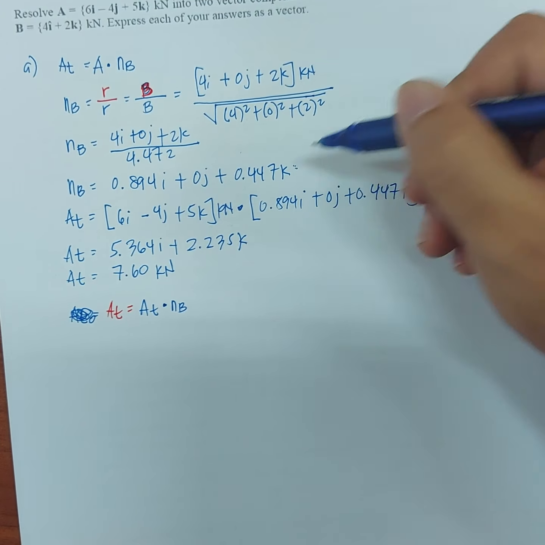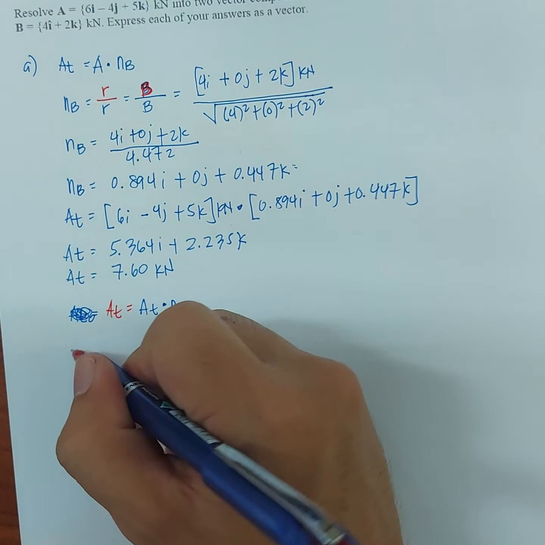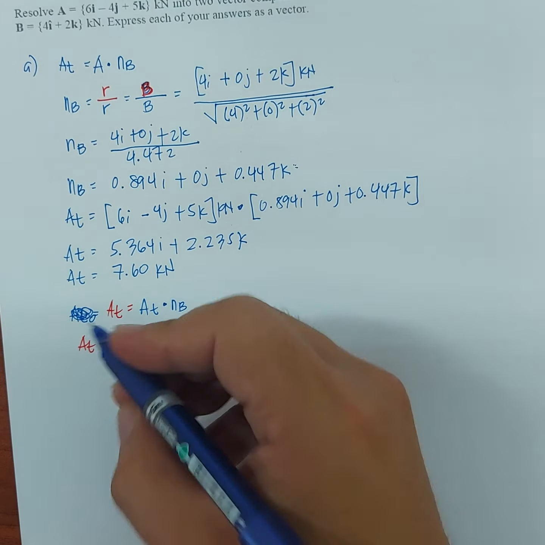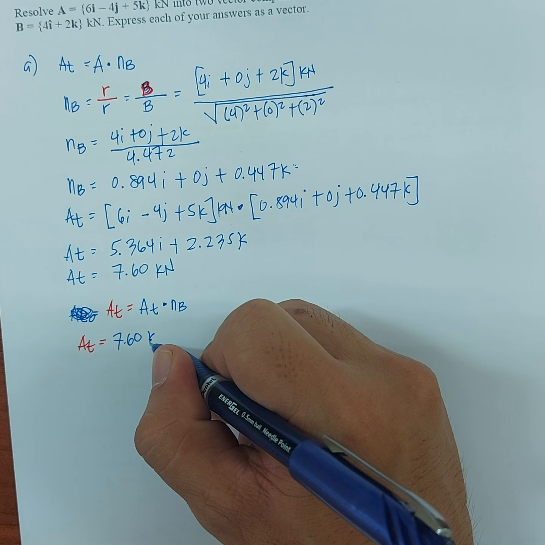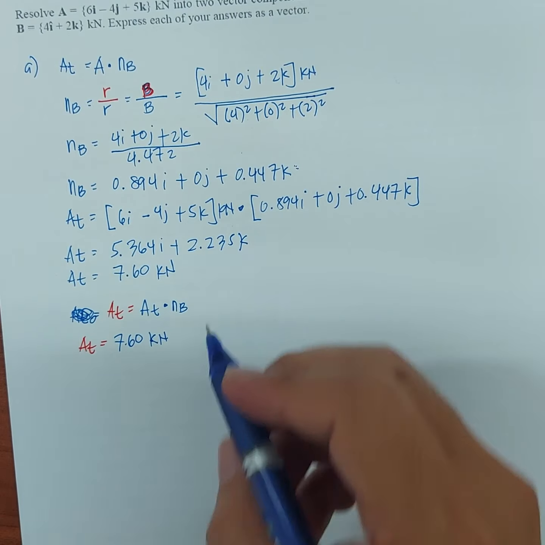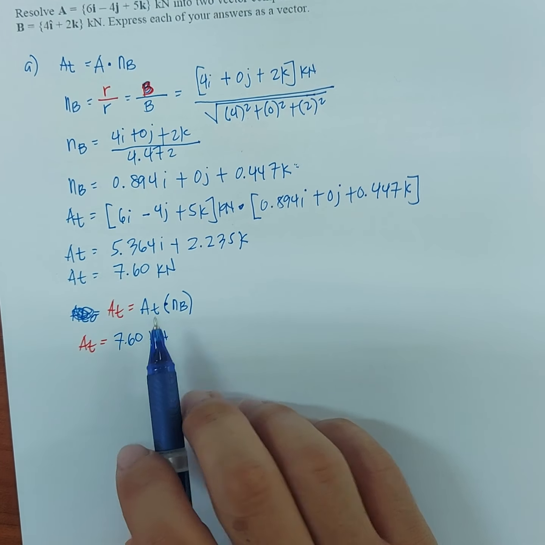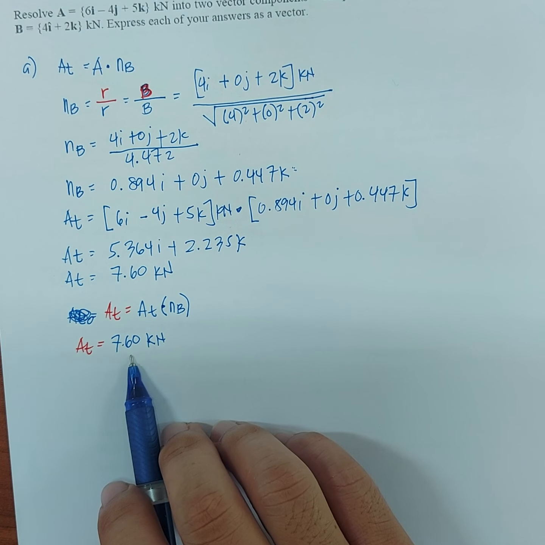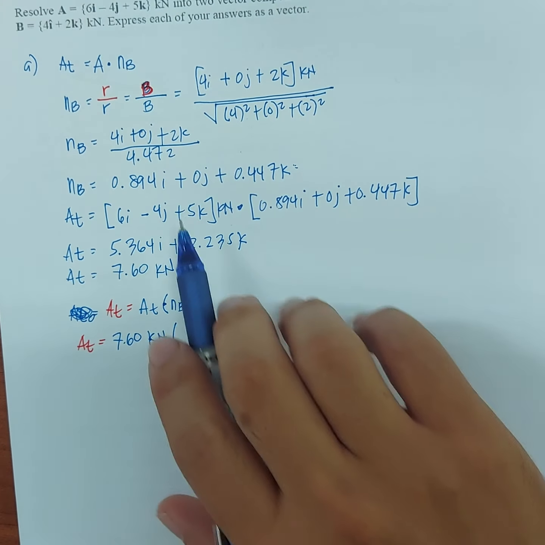So AT is 7.6 kilonewtons, times our unit vector. It should be a scalar times the unit vector, sorry. So we have 7.6 kilonewtons times this unit vector.